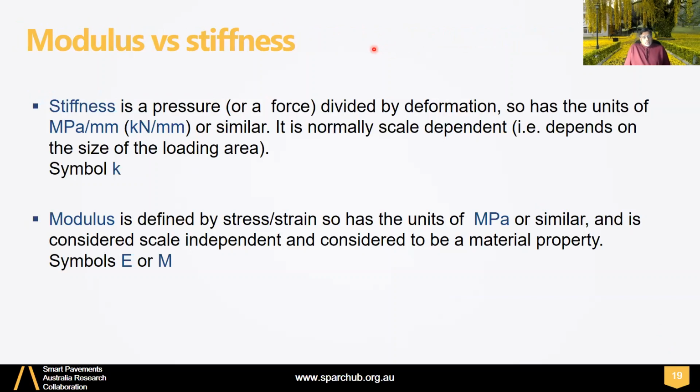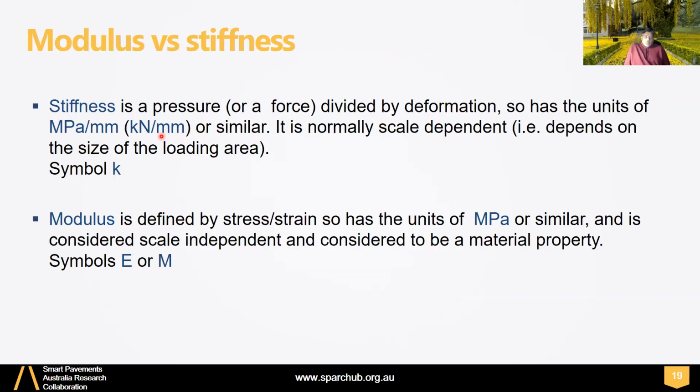Modulus versus stiffness. This is something one needs to understand. Stiffness is a pressure or a force divided by deformation as measured by all these stiffness devices. So it has units of kilopascal or megapascal, some pressure divided by length, millimeter, or force divided by length, kilonewton per millimeter, or any other unit of that nature.